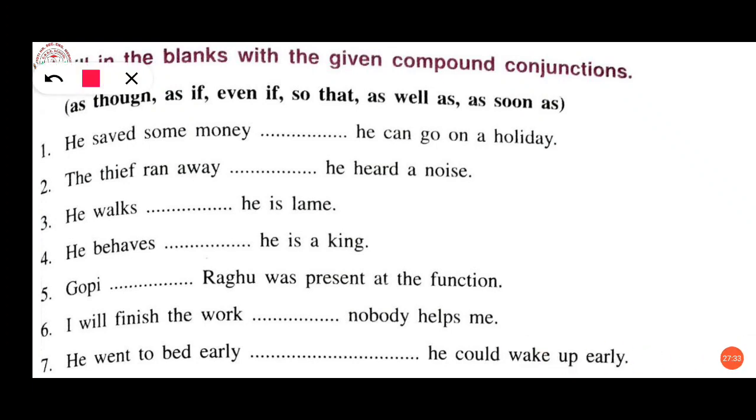So, he saved some money so that he can go on a holiday. Second: the thief ran away as soon as he heard a noise. Third is: he walks as though he is lame.